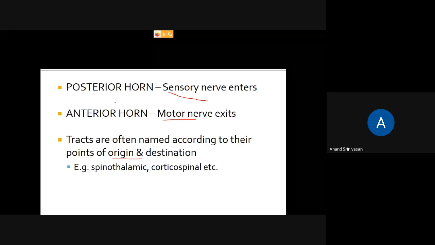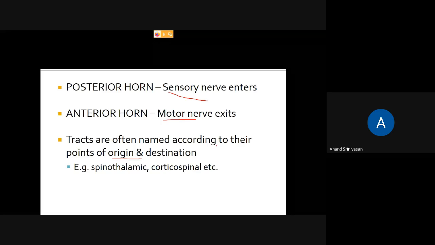Here, spinothalamic is from the spinal cord to the thalamus. The main function of the thalamus is sensation. It processes the sensory information and makes the person realize that this is a pain sensation, this is a temperature sensation. The next one is corticospinal.